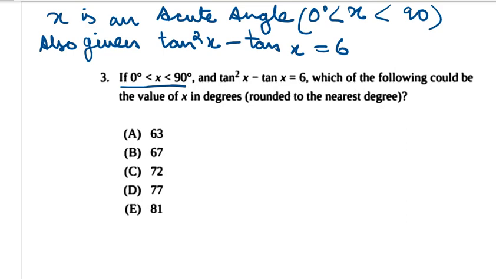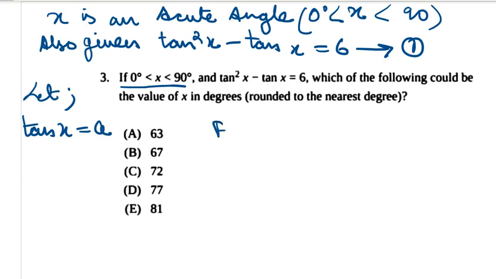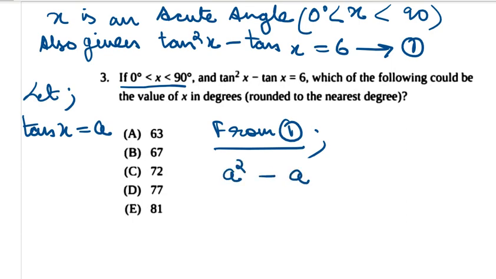Now if we start the question in this way, let tan x is equal to a. That means from this first equation, what can we write? We can write a square minus a minus 6 is equal to 0, right?